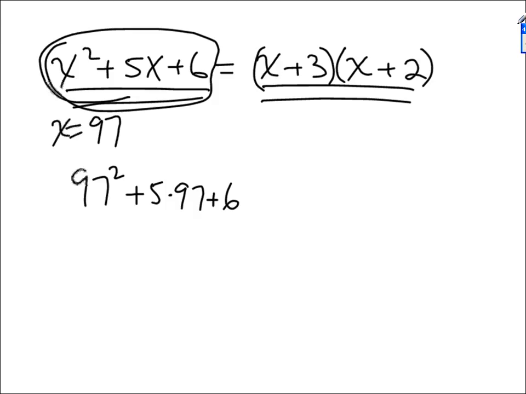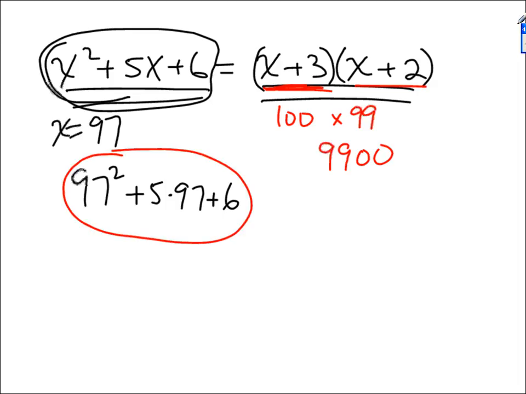You have to go find it, you may have to get batteries, you have to push a lot of buttons. Who wants to waste time doing their math homework? I would just say 97 plus 3 is 100, 97 plus 2 is 99, and 99 times 100 is 9900. Which is a lot faster than computing this on a calculator.